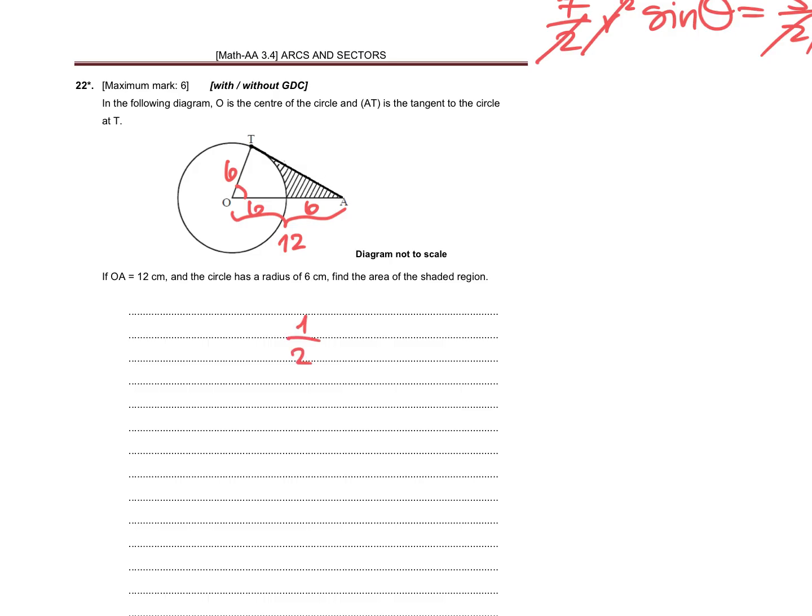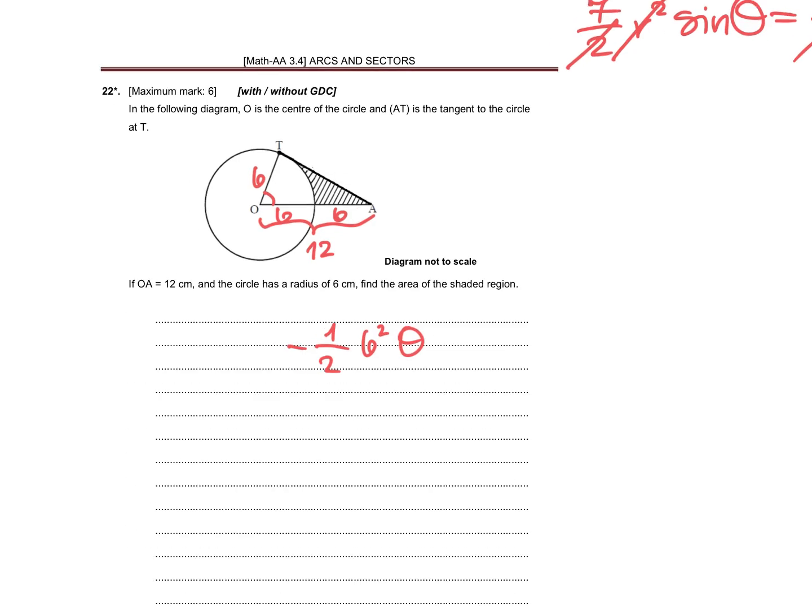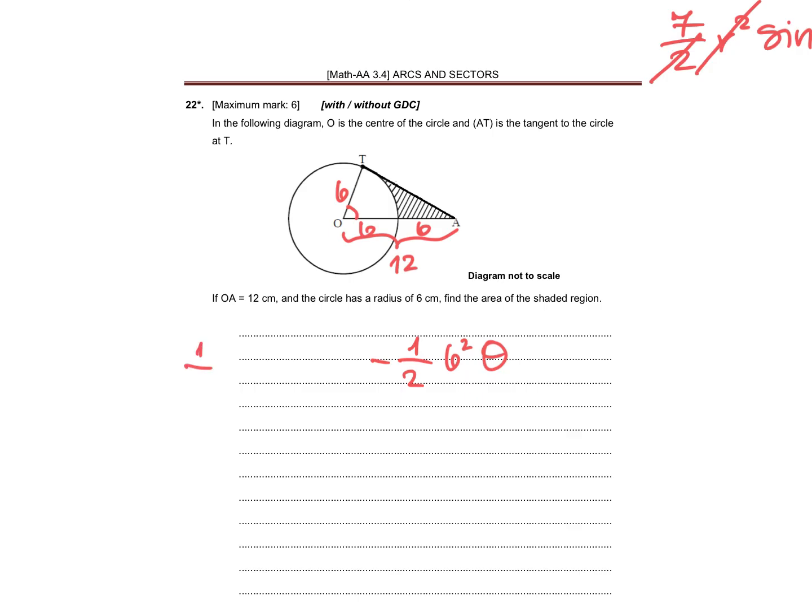So we're going to have 1/2 r squared theta, which we don't know. That's the area of the sector. And then we need to subtract that from the area of the triangle, which is 1/2 AB sine theta.